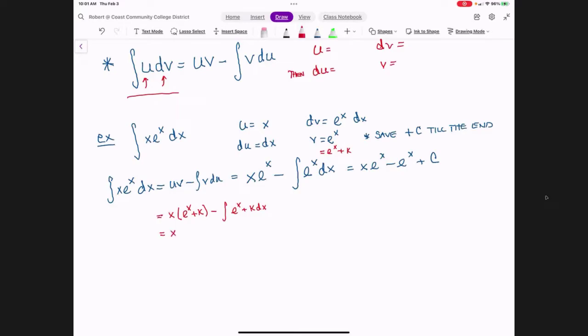Okay, so what I get is x e to the x plus x times an arbitrary constant minus this integral, which is e to the x plus kx plus another arbitrary constant. Now, hopefully, it is apparent why we don't have to put it there.